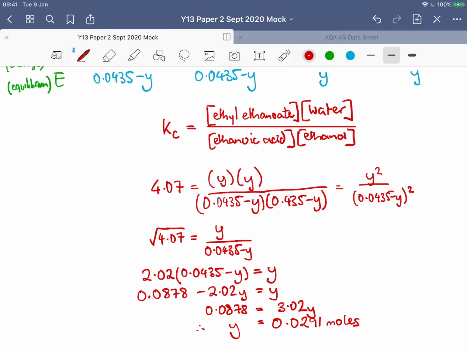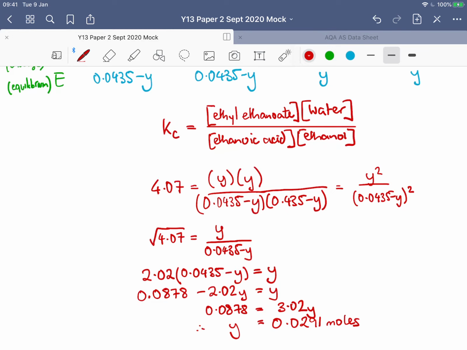If the total number of moles is equal on both sides of the equation, so in this equation it was 2 moles on the left and 2 moles on the right, the volumes would have cancelled out, and so the volumes can be ignored. So if the total moles on both sides of an equilibrium equation are the same, then the volumes will cancel out, and you don't need to use volume.